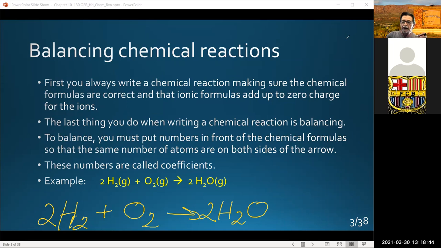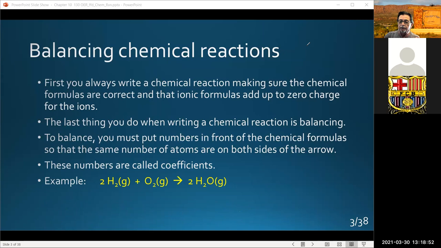All right, so what we have now is a balanced chemical reaction. What this means now is this, look at the ratio. Let me clear this up a little bit. That means that for this reaction to occur, I need 2 molecules of hydrogen and only 1 molecule of oxygen, okay?